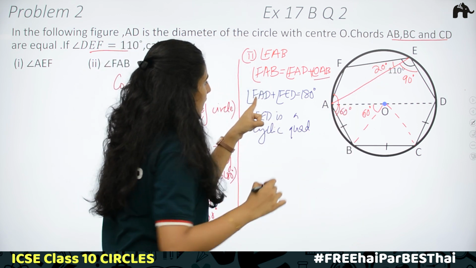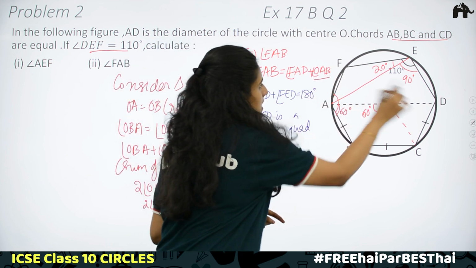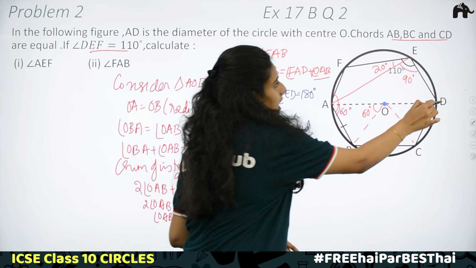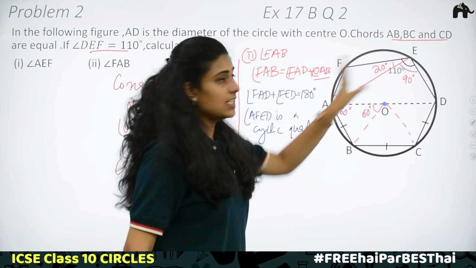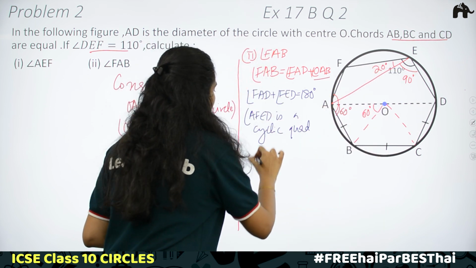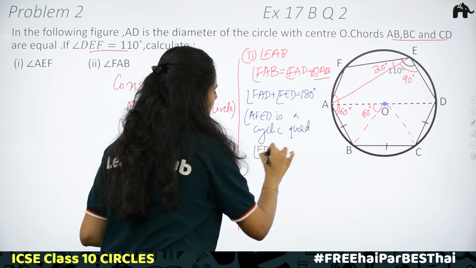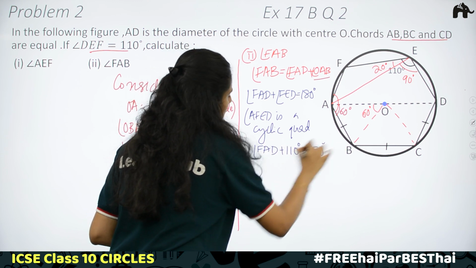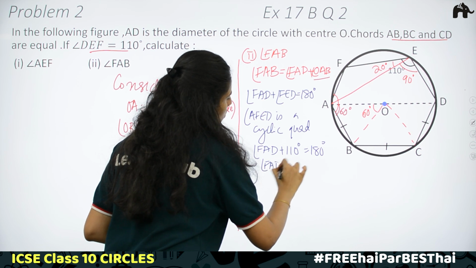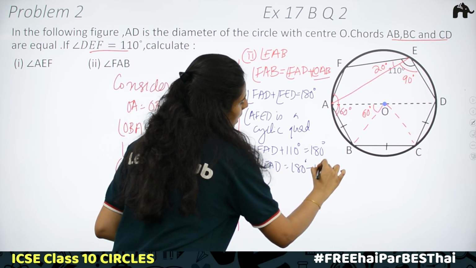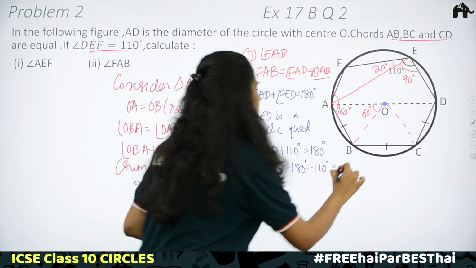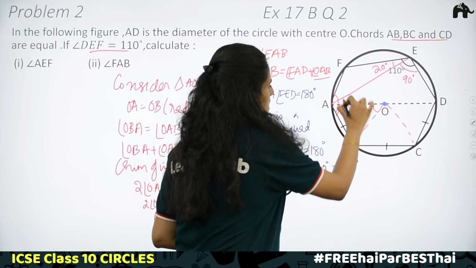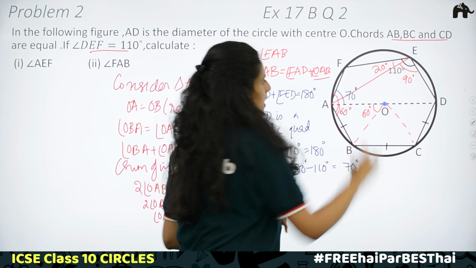Therefore, FAD is this angle and FED is this angle. FED we know is given in the question. FED and DEF are the same, that is 110 degrees. Now, put the values. Angle FAD plus 110 degrees is equal to 180 degrees, and FAD will be equal to 180 degrees minus 110 degrees, which is 70 degrees. Okay, we are getting this part 70 degrees.